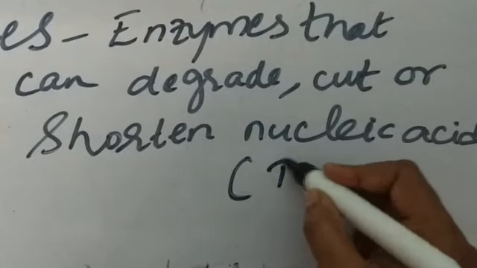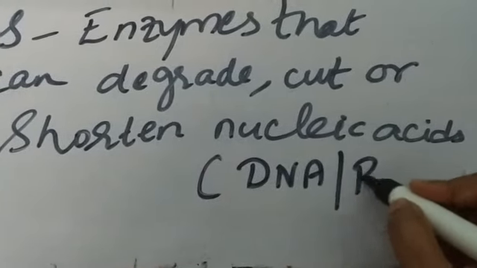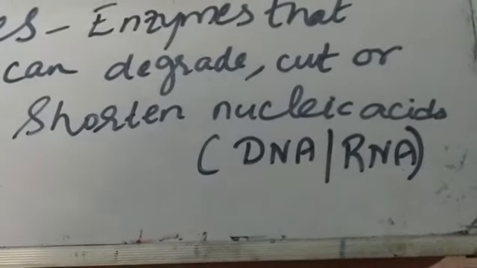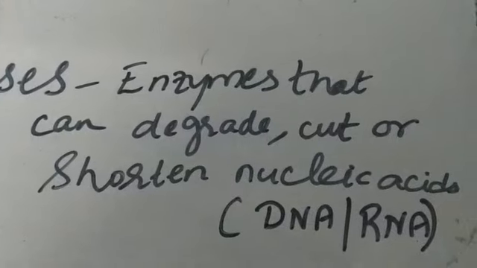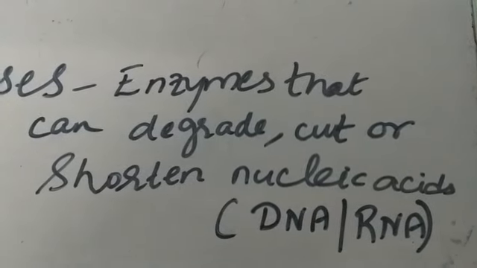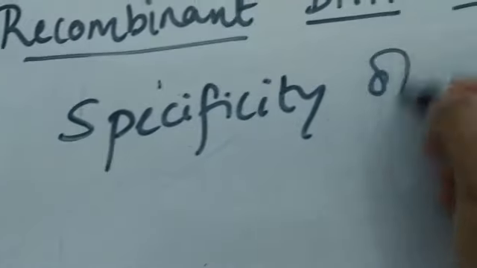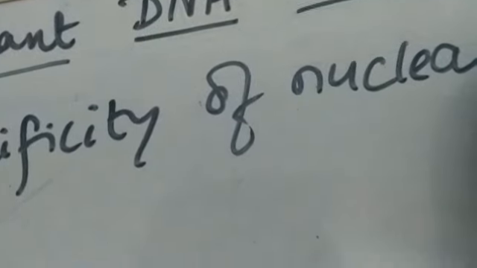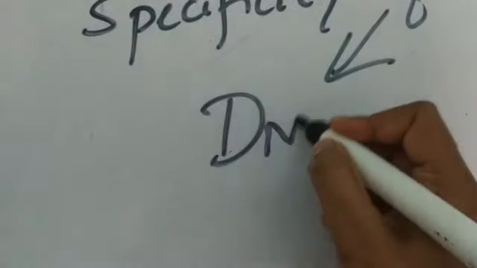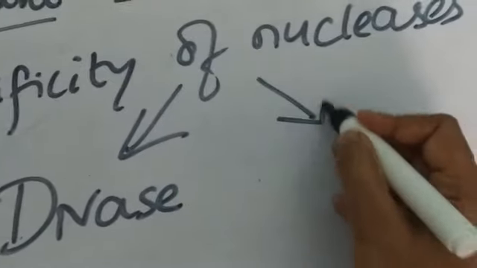What do we mean by nucleic acids? We have two types of nucleic acids, DNA and RNA. So enzymes which can degrade, cut or shorten these nucleic acids are broadly classified as nucleases. Now, even among nucleases, depending on the specificity of the nucleases, we can classify them into DNases and RNases.